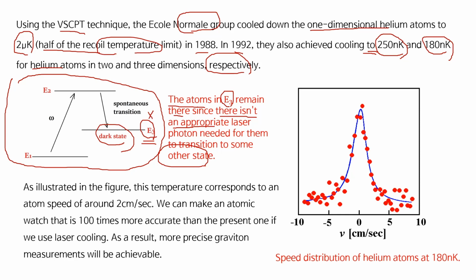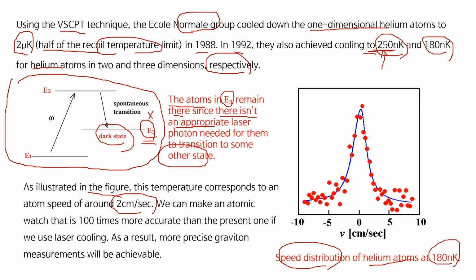As illustrated in the figure, this temperature, 250 nanokelvin, corresponds to an atom speed of around 2 centimeters per second, this one. This figure shows the speed distribution of helium atoms at 180 nanokelvin.